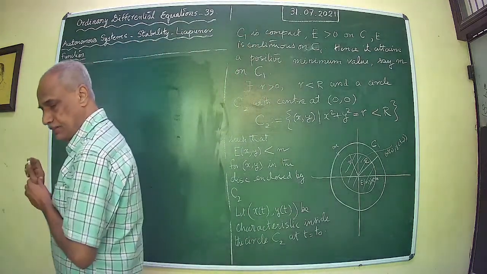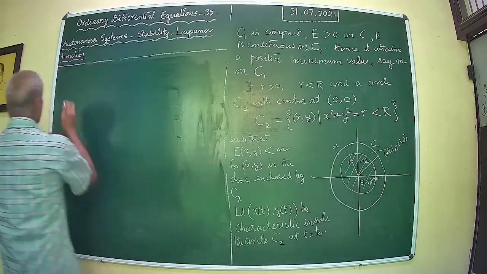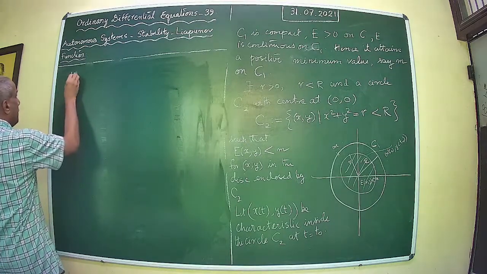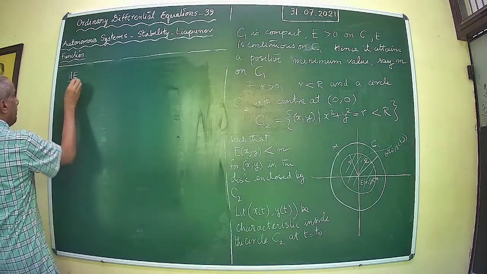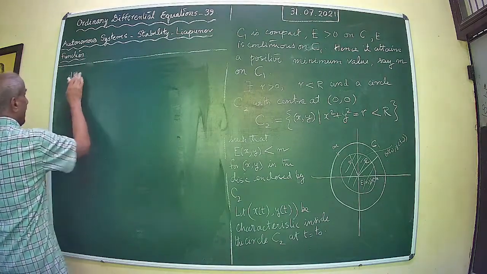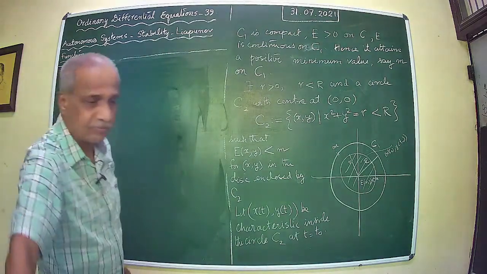Then what you have is this. See, what is dE by dt? See, we have earlier defined this.